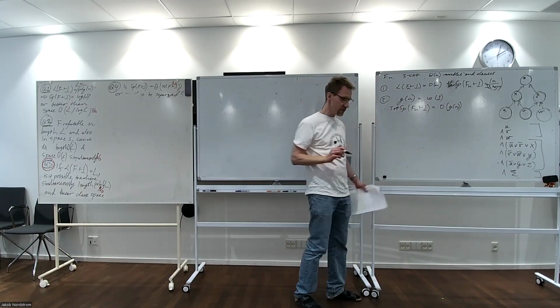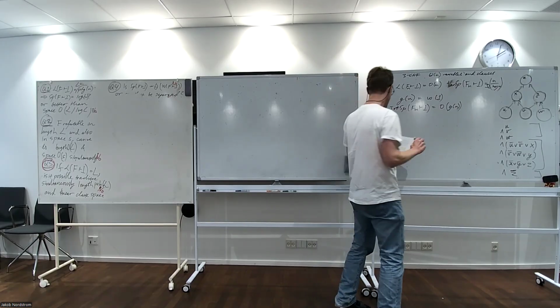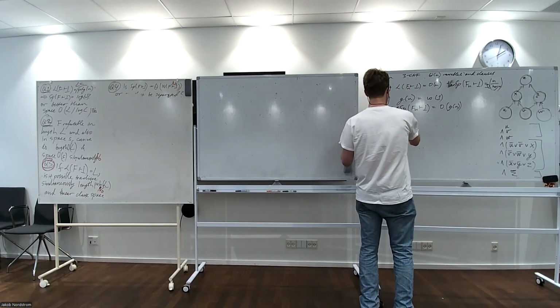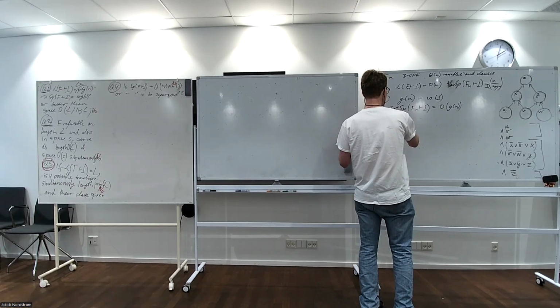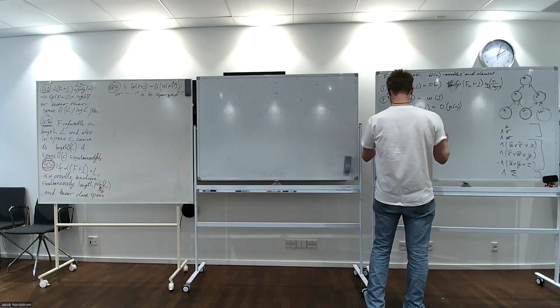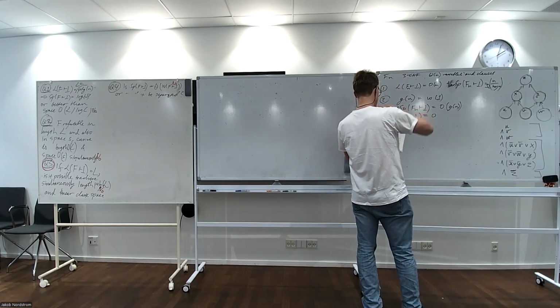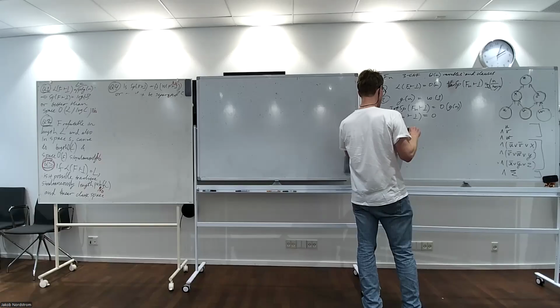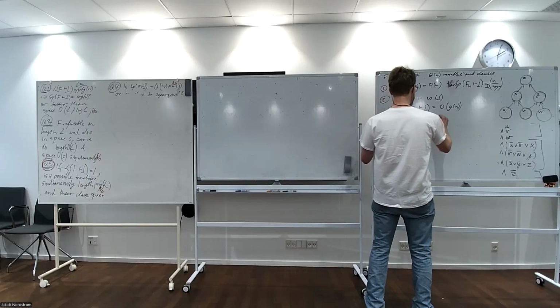So they're super easy with respect to total space. The length of refuting these formulas is linear.